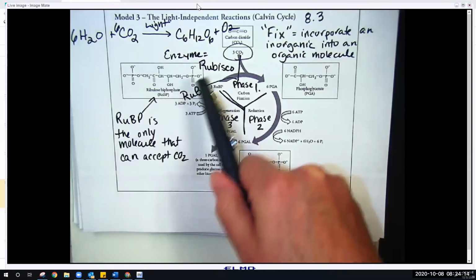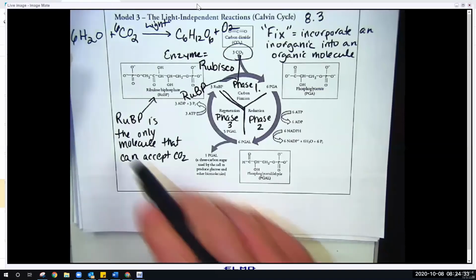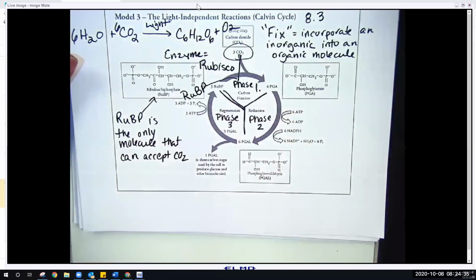And Rubisco is important because it's the only enzyme that can fix carbon dioxide to RuBP. It's probably the most abundant enzyme on the planet. So that's the end of phase 1. Put some carbon dioxide on RuBP and fix it.